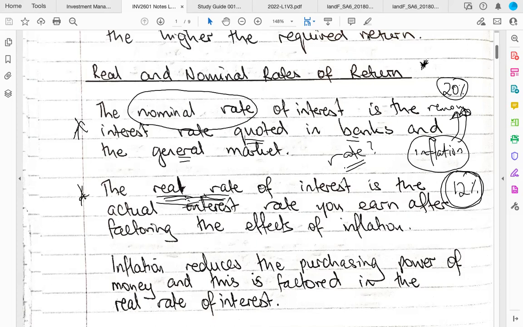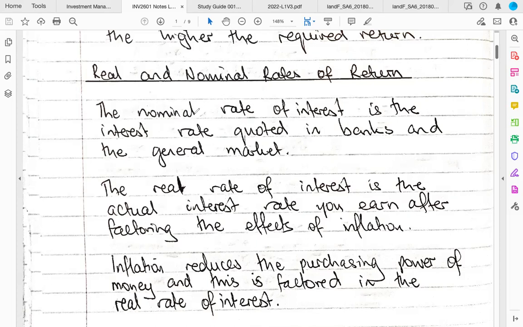The prescribed textbook defines the nominal rate of interest as the interest rate. This is actually my own definition, but you'll find it in other texts. The nominal rate of interest is the interest rate quoted in banks and in the general market, whereas the real rate of interest is the actual interest rate you earn after factoring in the effects of inflation.